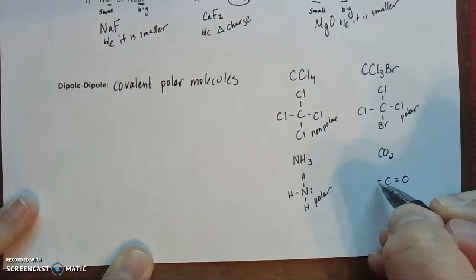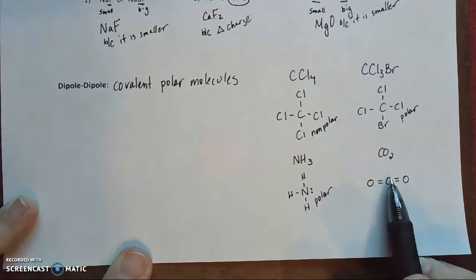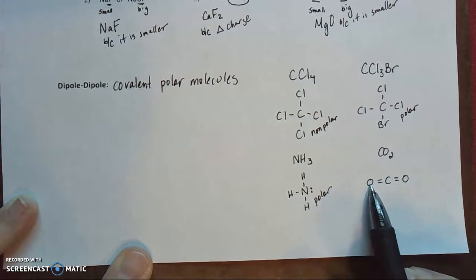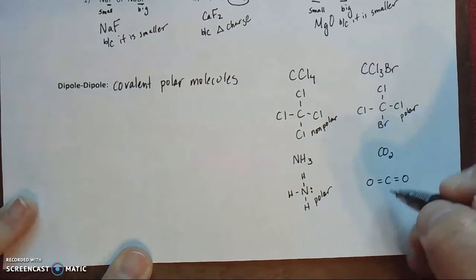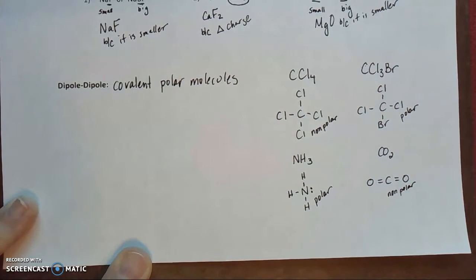CO2 has two double bonded O's. So these have no lone pairs, these two are opposite of each other, so they're pulling at the same rate, so this is symmetrical and this is nonpolar. And any diatomic element like N2, F2, O2, those are also going to be nonpolar.